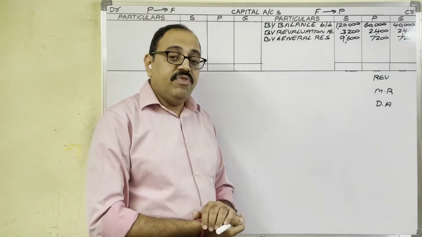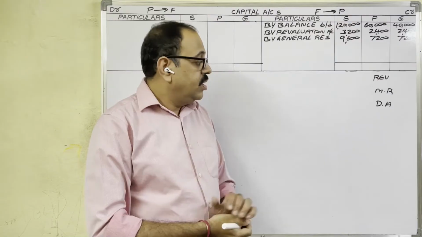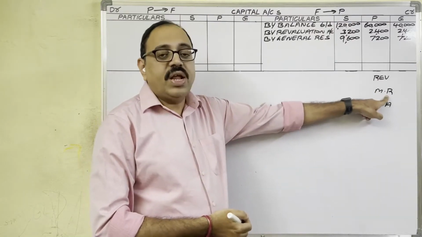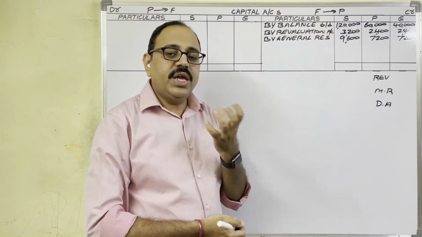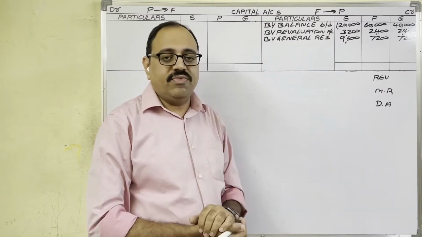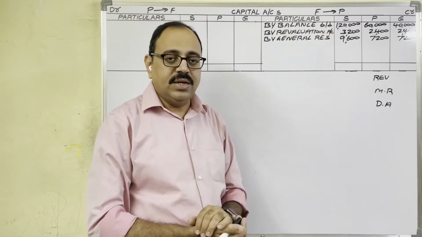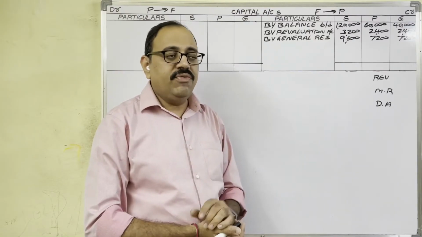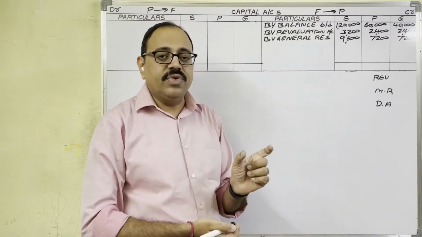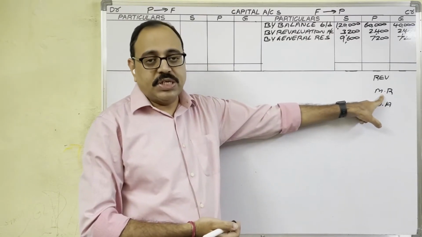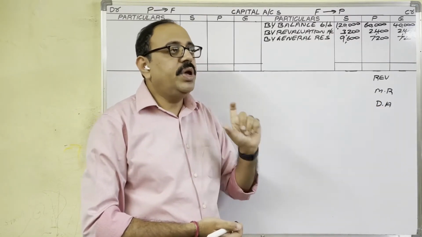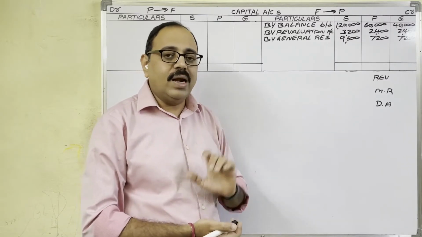How to identify which method we should use here? If it is the memorandum revaluation method, goodwill will be created and written off. Written off means cancelled. In the question, if the words cancel or written off are given, then we should apply the memorandum revaluation method. Goodwill should be written off, goodwill should be cancelled.